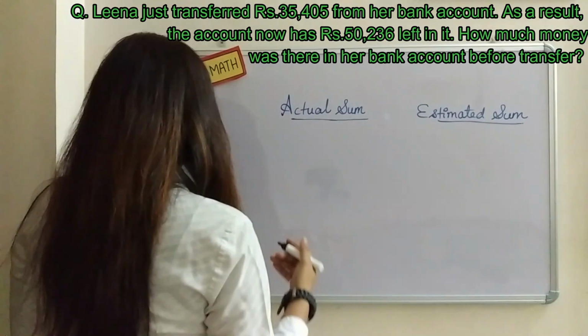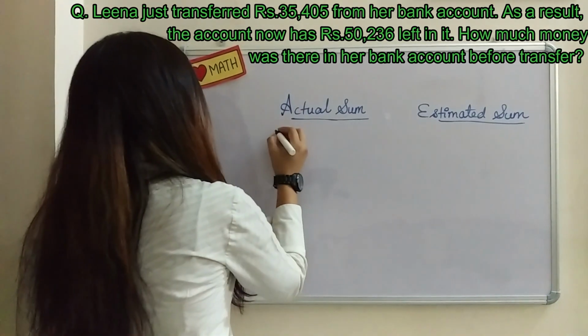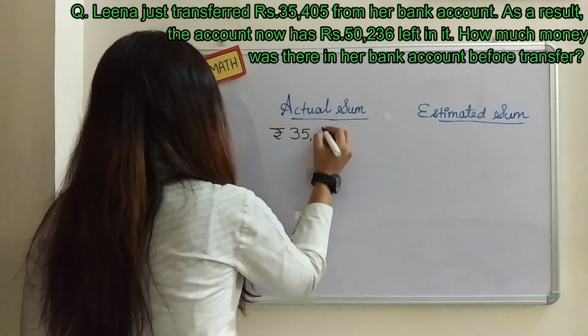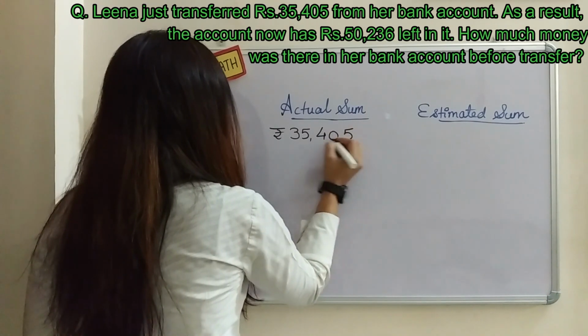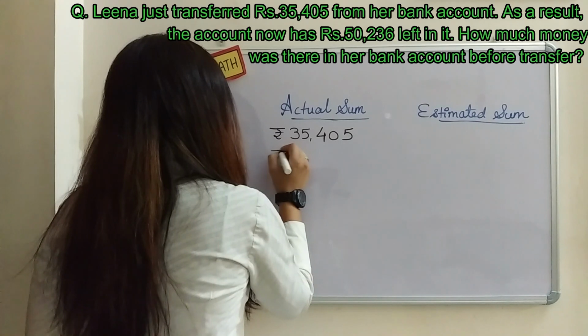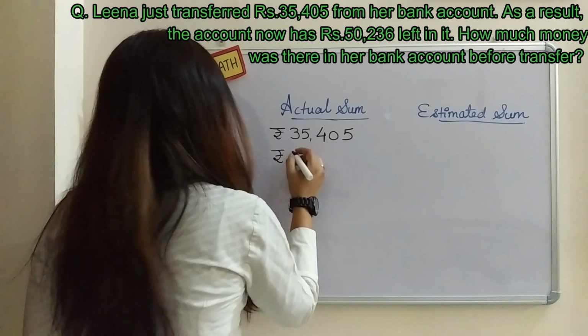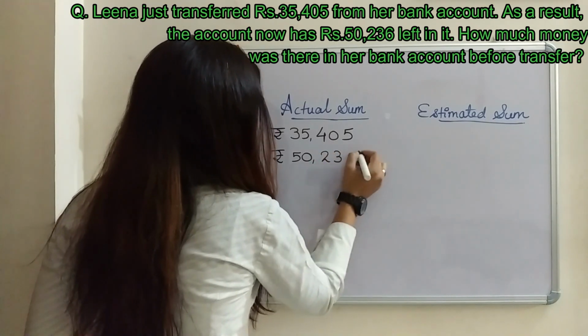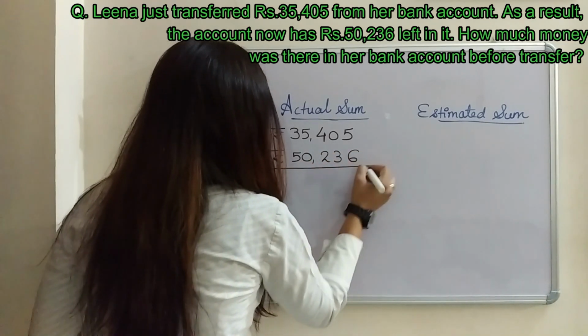What are the actual figures? That means real figures, that is rupees 35,405. This is the actual figure which she transferred, and the figure which is left with her is 50,236. This is the figure which is left with.